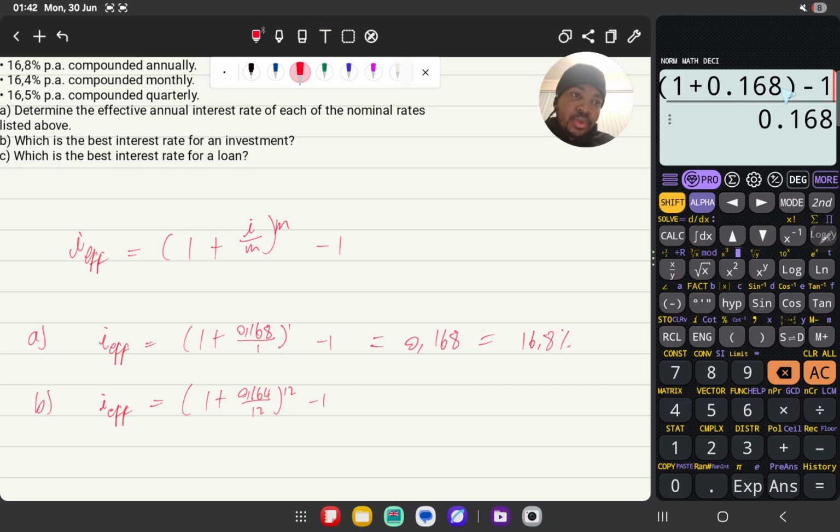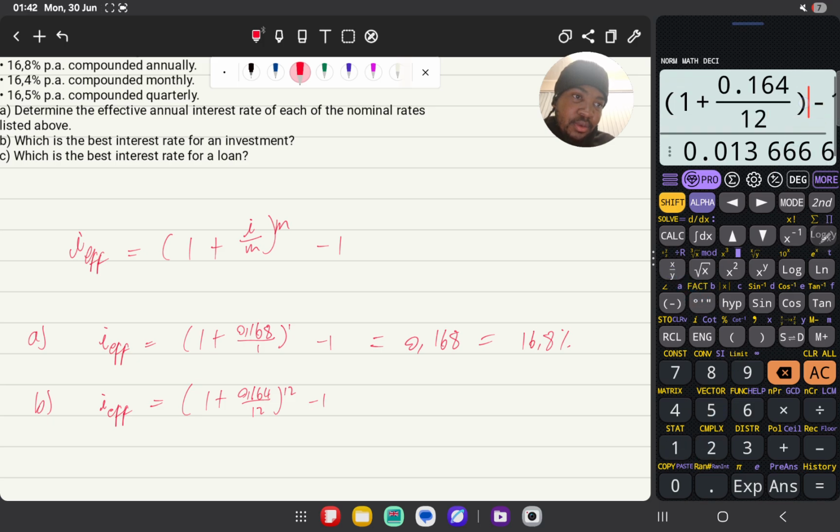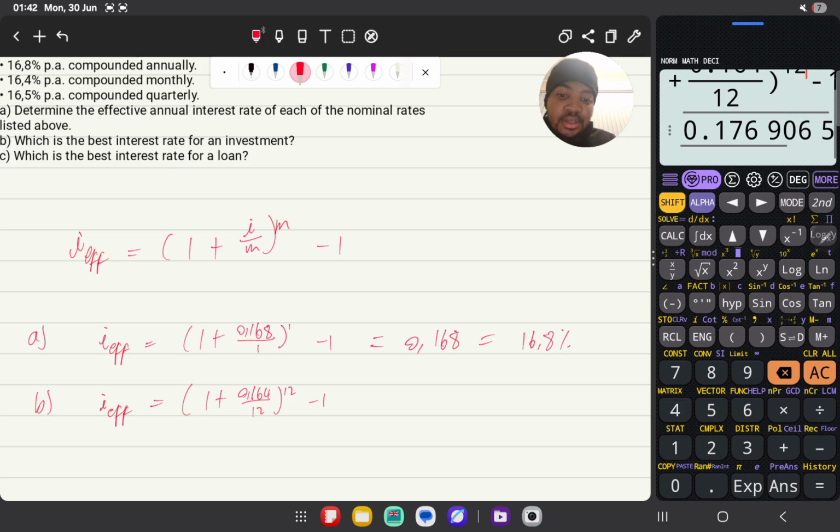I'm just going to go here: 0.164 divided by 12 because it's monthly, to the power of 12. So I'm getting 0.1769, which is 17.69%.